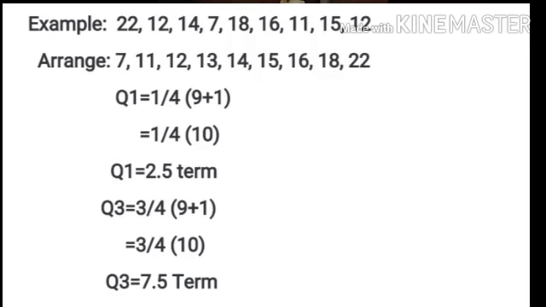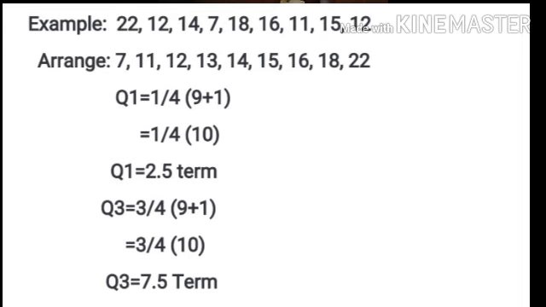Example, if the given numbers are 22, 12, 14, 7, 18, 16, 11, 15, 12, you are required to calculate the quartile deviation. First, we need to arrange the data in ascending order to find Q3 and Q1 and avoid any duplicates. 7, 11, 12, 13, 14, 15, 16, 18, 22.